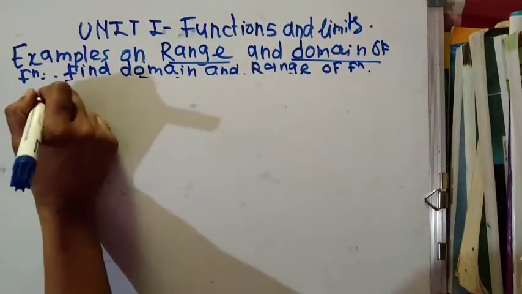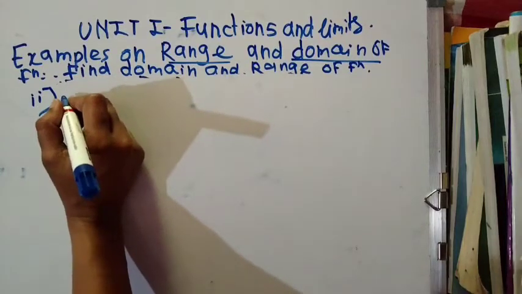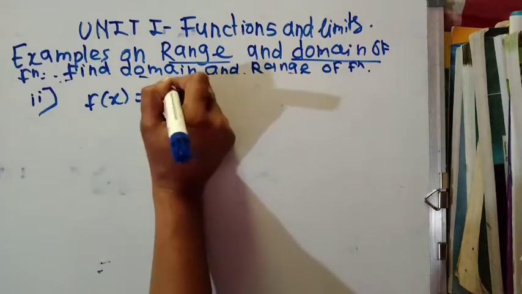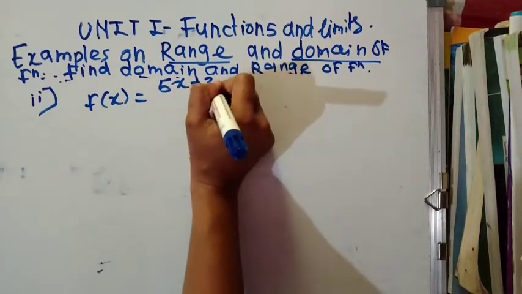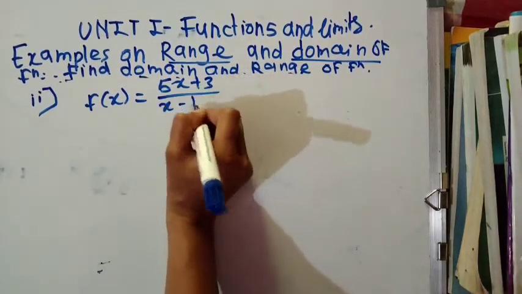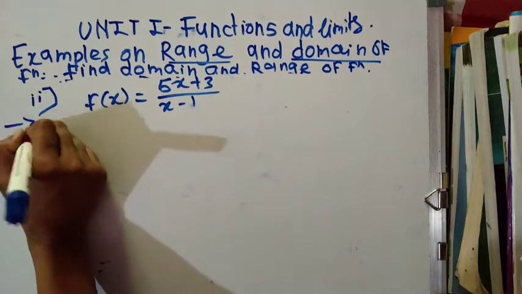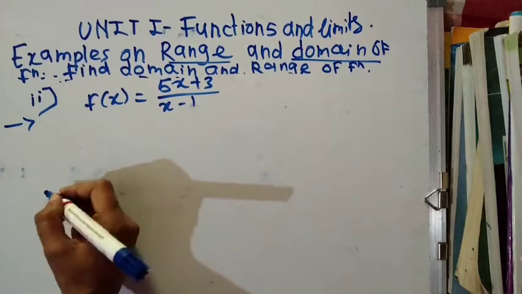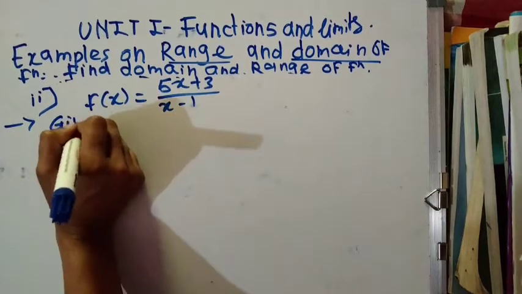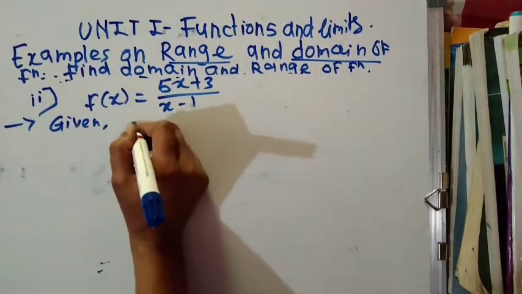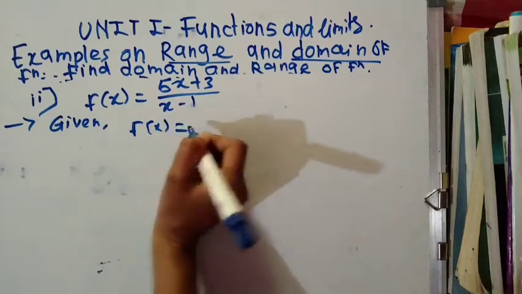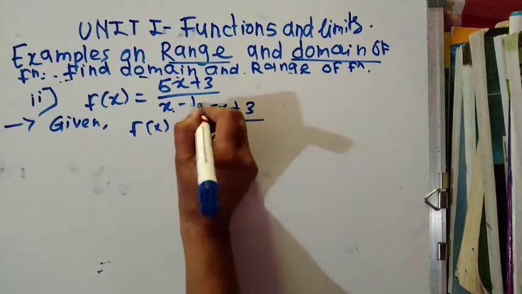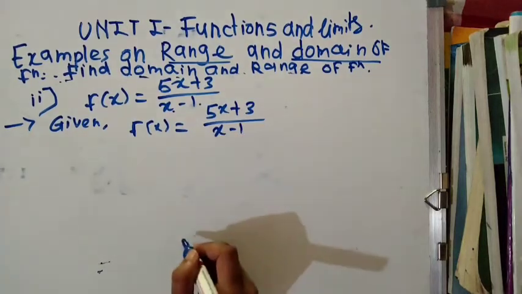So the second example is f of x is equal to 5x plus 3 upon x minus 1. First, given that f of x is equal to 5x plus 3 upon x minus 1.